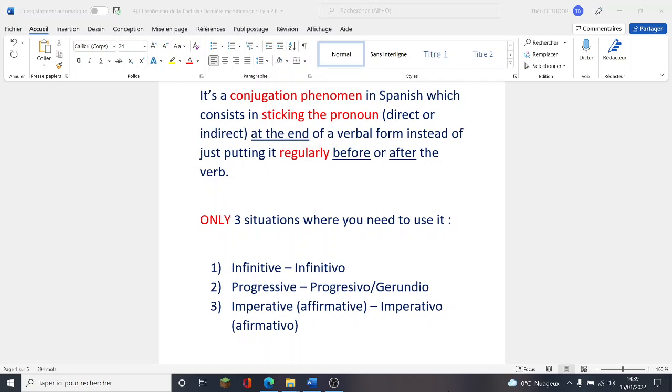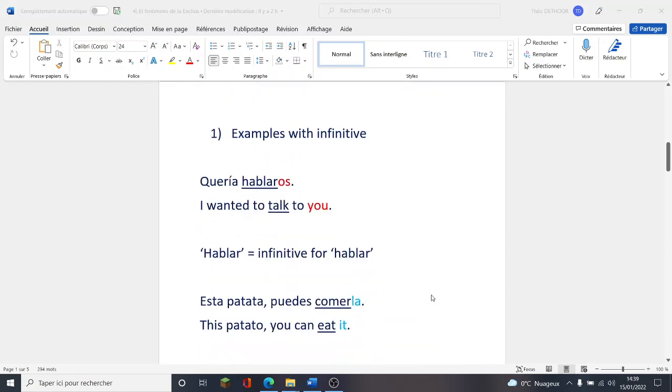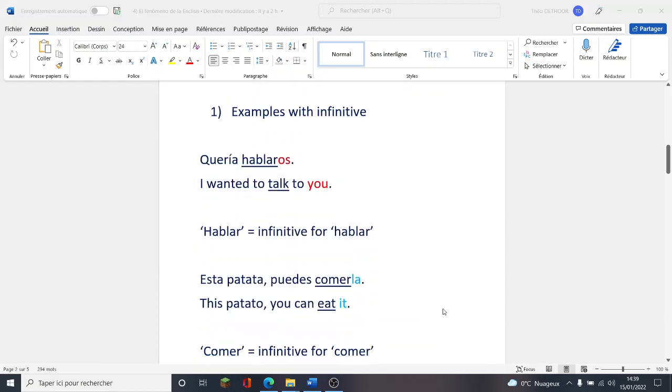And for the imperative affirmative, because in Spanish you have two types of imperative, the affirmative one and the negative one, you only need to use this enclisis phenomenon for the affirmative one, not the negative one. But we'll see that in a second with some examples. So let's start with examples about the infinitive for la enclisis. I've chosen three examples for the infinitive form, and we'll tackle them all right now.